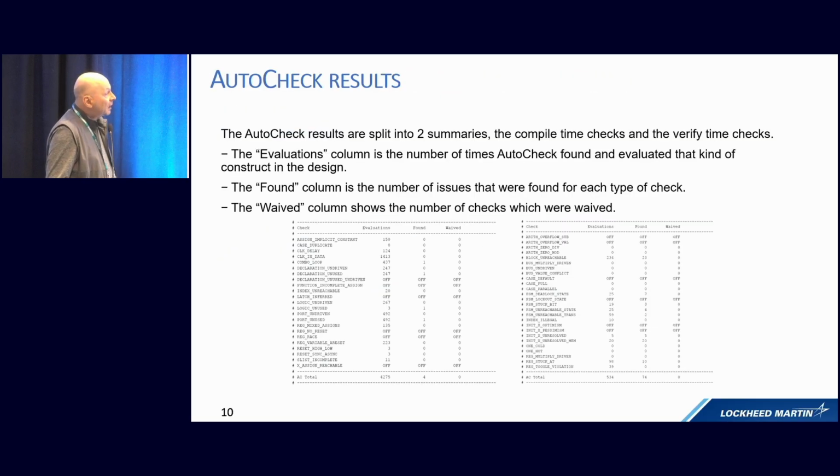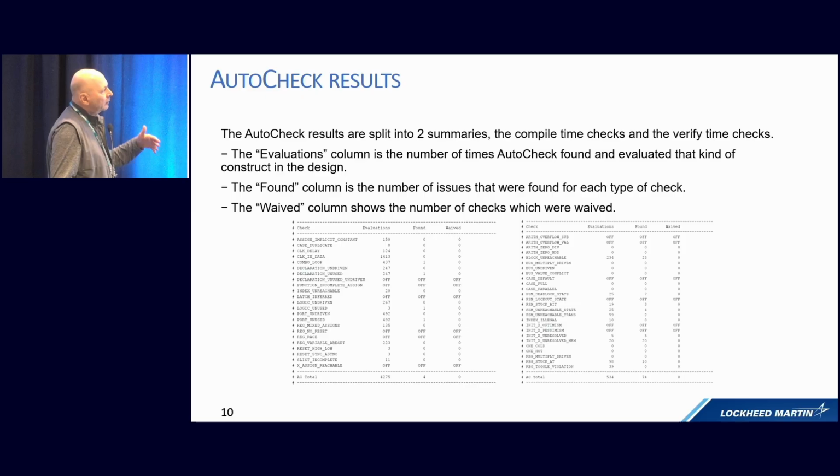All right, the results. The results coming out of the tool are really in two categories. The first one is compile time checks, and the second is verify time checks.